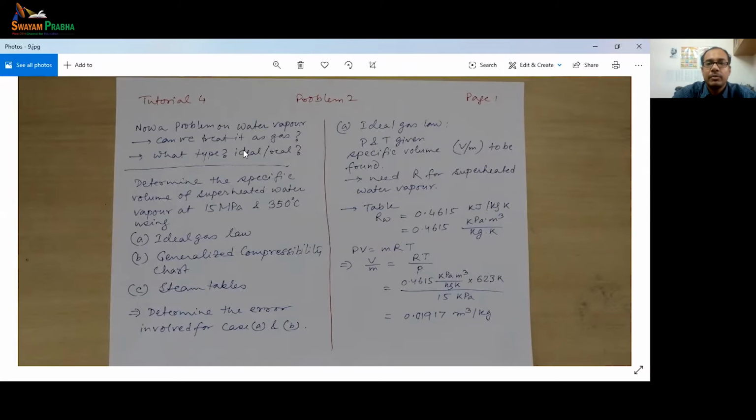So we can be tempted to apply the ideal gas law there because it's easy to do. So in this problem, we will try to see what would be the validity if we want to use the ideal gas law. Okay. So now, what is the problem statement here?